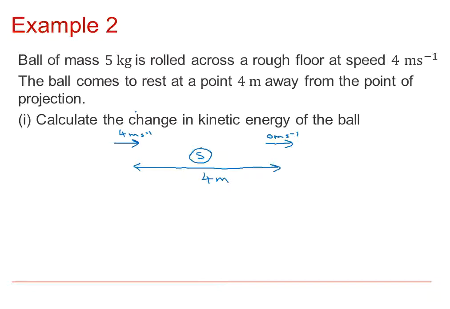And the question says find the change in the kinetic energy. So the initial kinetic energy is a half times the mass 5 times the initial speed 4 squared. So the initial kinetic energy is 40 joules. The final kinetic energy is obviously 0 because it's come to rest, and we want the change in kinetic energy.